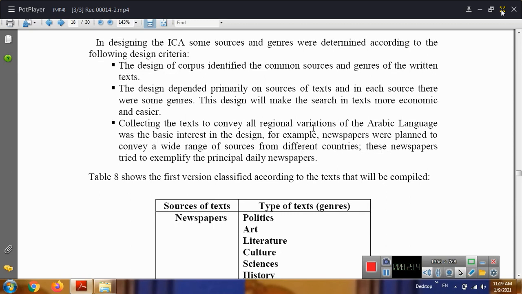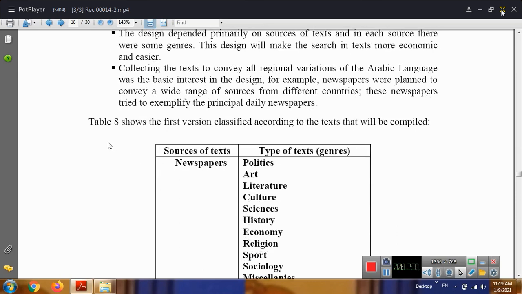Collecting the text to convey all regional variation of the Arabic language was the basic interest in the design. For example, newspapers were planned to convey a wide range of sources from different countries. These newspapers tried to exemplify the principal daily newspapers. Table 8 showed the first version classified according to the text that will be compiled.